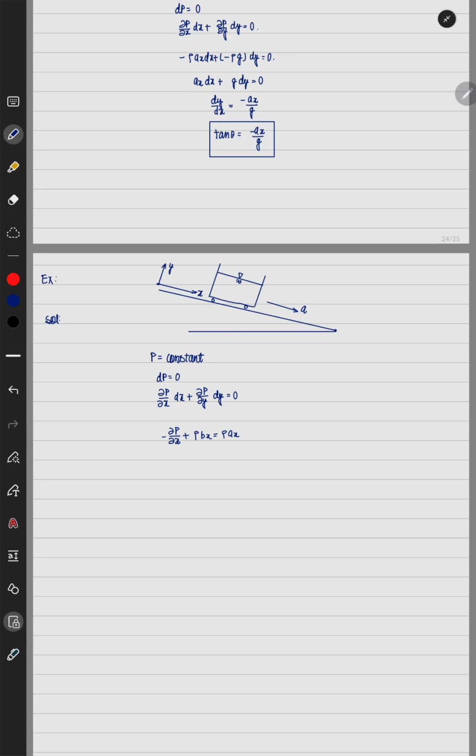since I have an inclined surface, acceleration in x direction is given by a. So in x direction I am saying that acceleration is a, and the force in x direction is also given by rho into g, the force per unit mass.